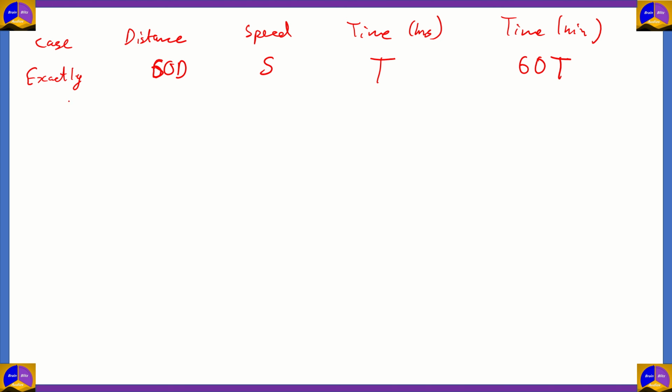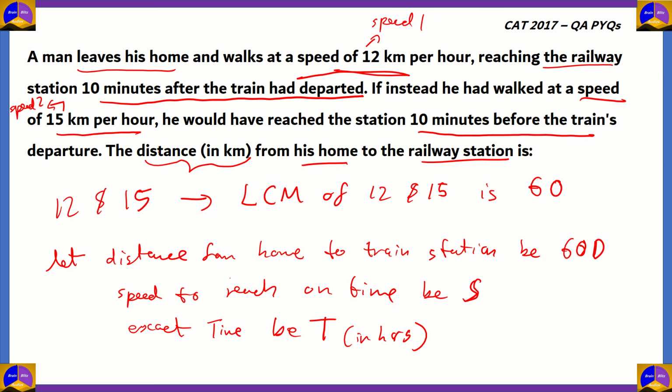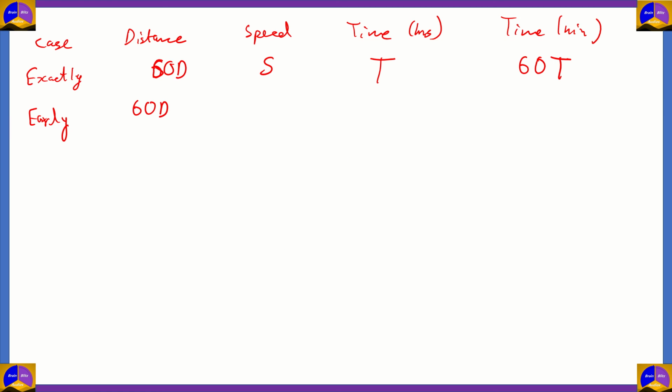Now, what happens if he arrives early? That's our second case. The distance would still be the same, 60d. However, the speed is given to us as 15 kilometers per hour, because in the question it says if he walks at 15 kilometers per hour, he reaches 10 minutes early. So the speed will be 15 kilometers per hour.